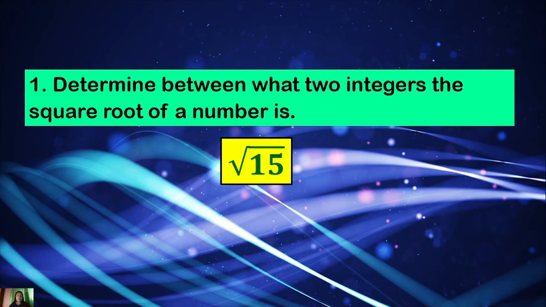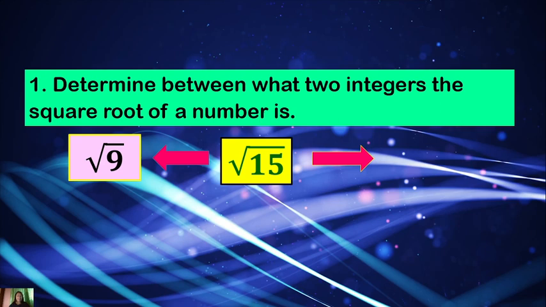Perfect square less than square root of 15. So yun palagi. Hanapin mo yung perfect square na less than and greater than the given radicand. And that is square root of 9. Perfect square less than 15 is 9. Perfect square greater than 15 is 16.